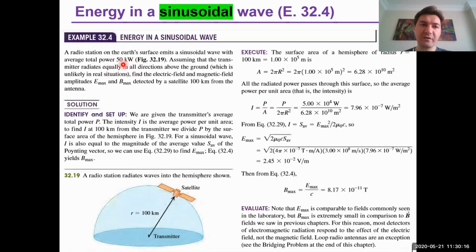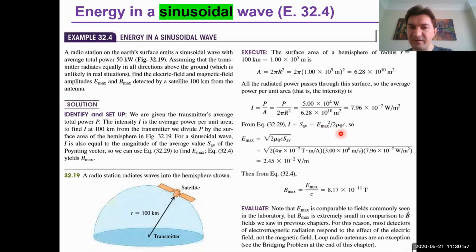Power of the radio station here on Earth is given, 50 kilowatt. Put 50 kilowatt here. And what about the area? Surface area of the hemisphere can be calculated with this one. What about R? R is this distance from the radio station to the satellite, and put them here. You can calculate the area of that surface, and power per area gives us the intensity.